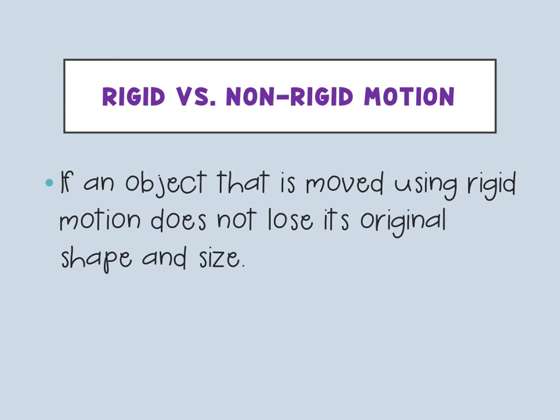If you think about something that's rigid, it's unchanging, okay? A person that's rigid is usually inflexible. It doesn't change. That's rigid. So transformations can be either rigid or non-rigid. You can take an object and stretch it, make it bigger. It's still a transformation, but that would be a non-rigid transformation.